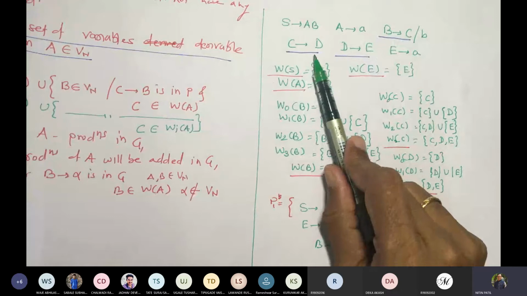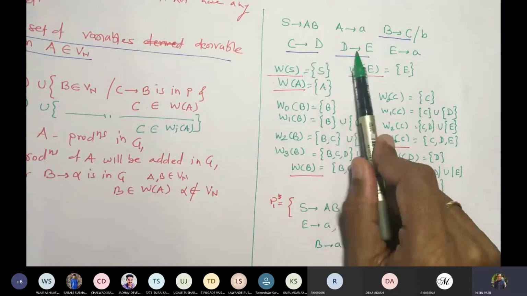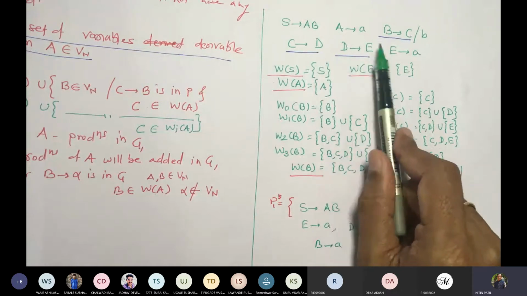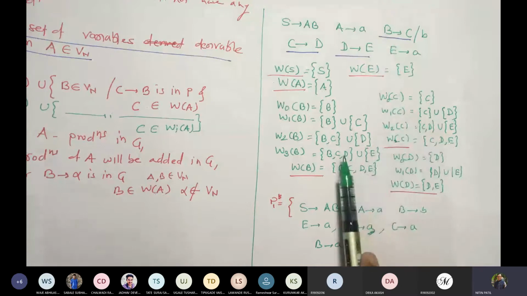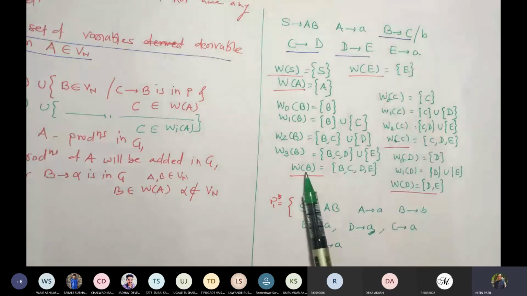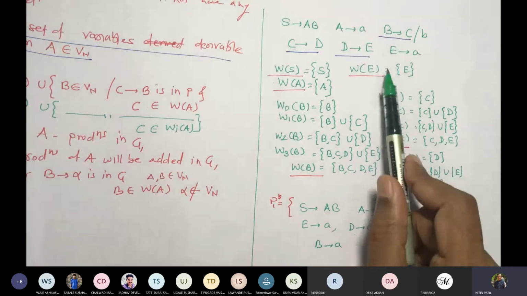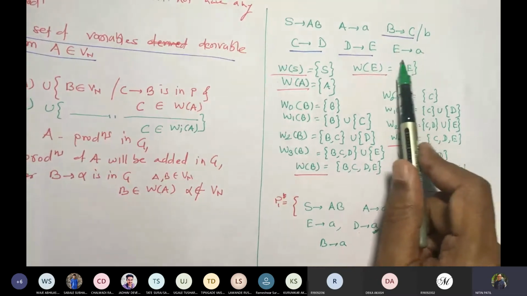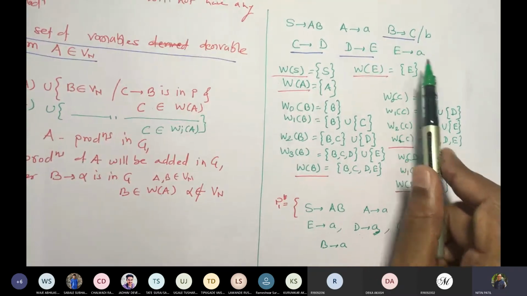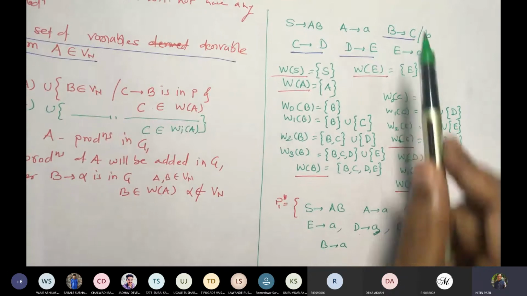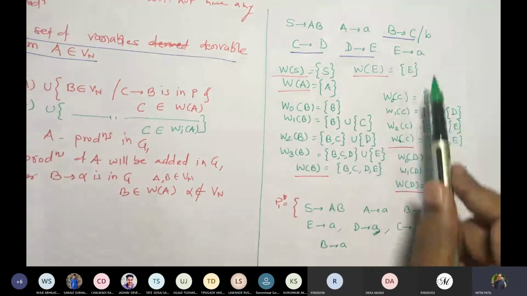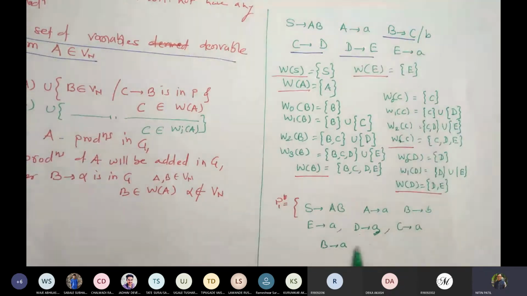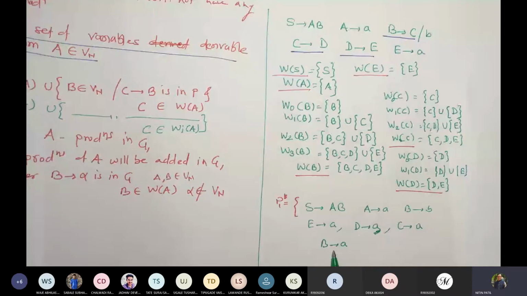We don't know, because C gives D, D gives E. And as E belongs to W of B, you can see E belongs to W of B. That's why, whatever E gives, what is E giving us? E is giving us A. That's why, as this E belongs to W of B, we will write B gives A. Am I right?